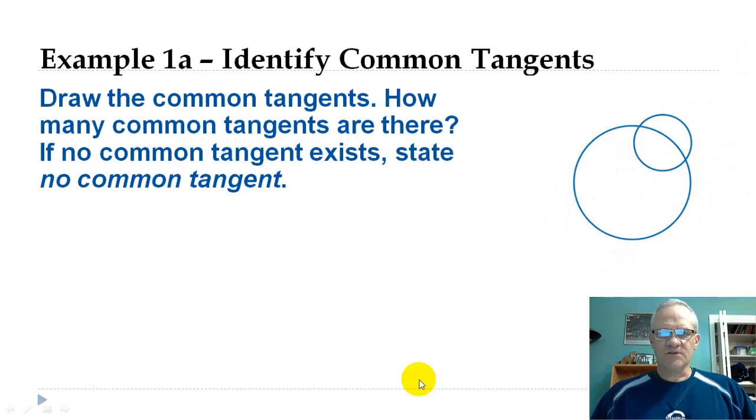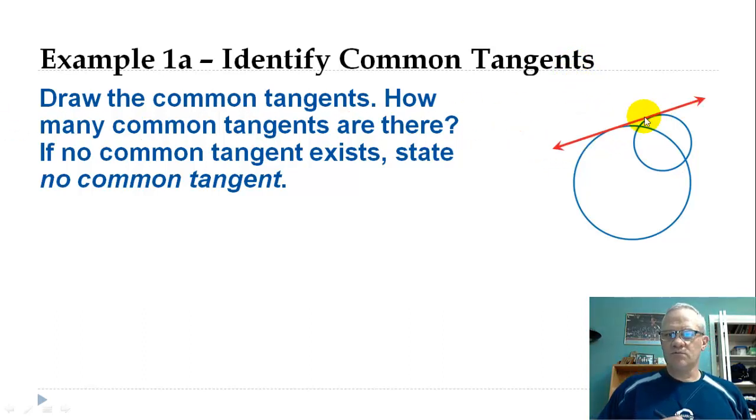First of all, draw the common tangents. How many common tangents are there? If no common tangent exists, state no common tangent. If you look at this, you want to see where we could draw a line that would intersect both of these. Instead of me trying to draw these by hand, I've got a handy dandy line here. So there would be one common tangent. It is tangent to both of these circles at the same time.